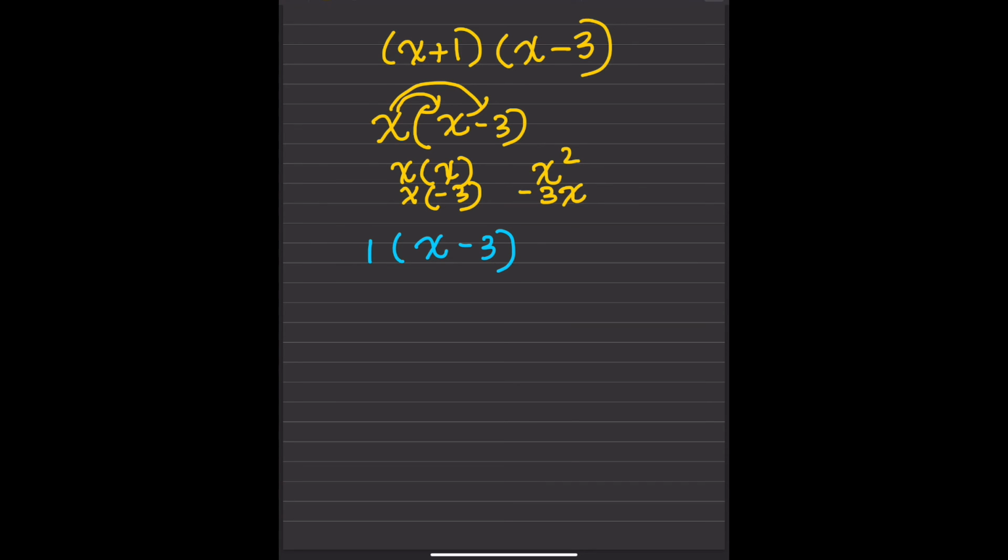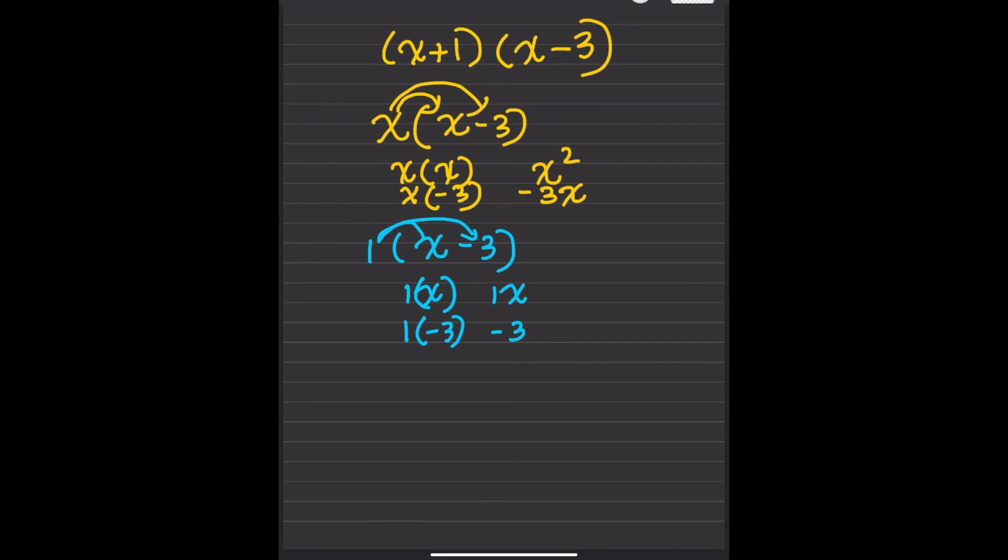And then this one, 1 times x, and this one goes 1 times negative 3, which gives you x minus 3. Now let's put it all together.